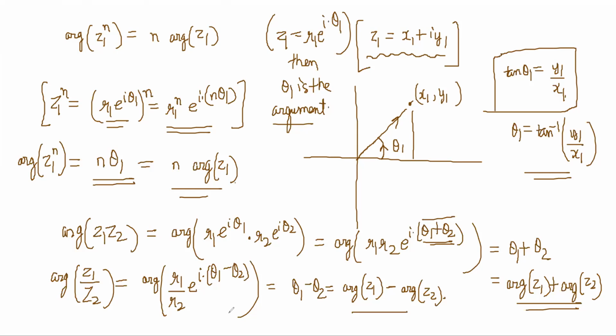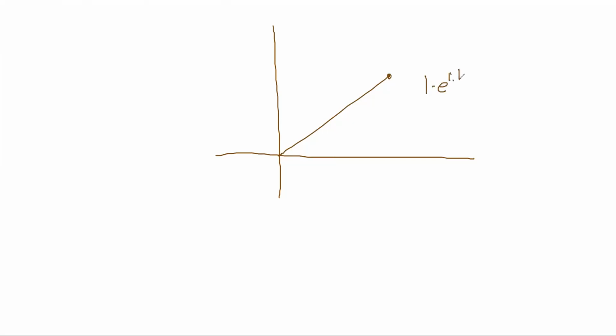Also, here I wrote that plus 2k pi for a reason, because think about a complex number, for example 1 e^(i pi by 3). That is basically cos pi by 3 plus i sin pi by 3, which is half plus i root 3 by 2.